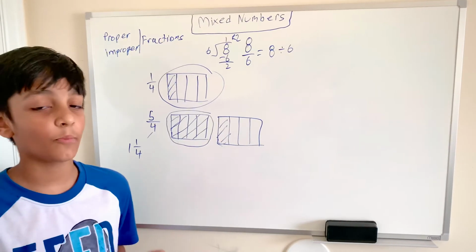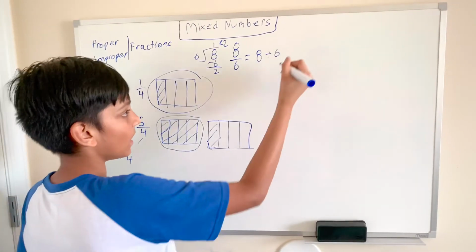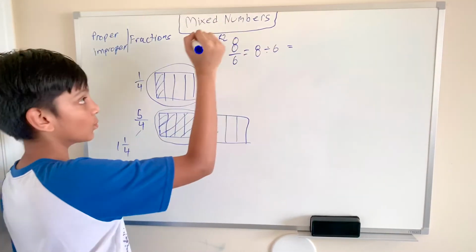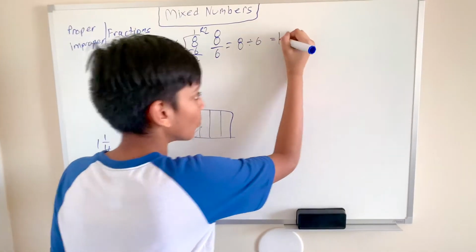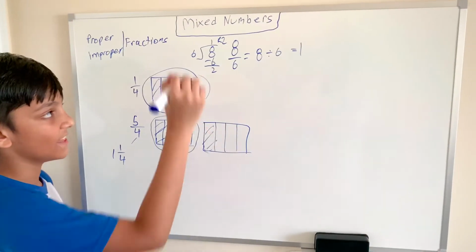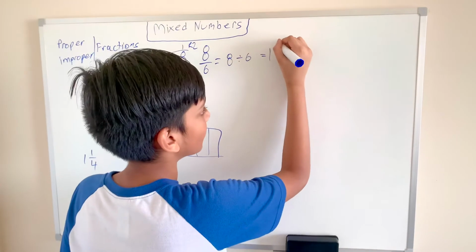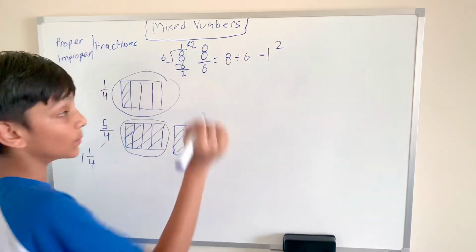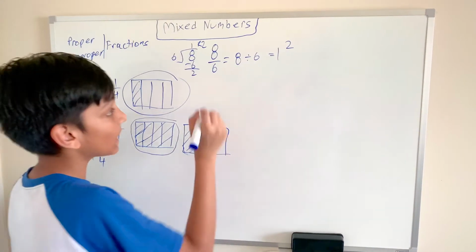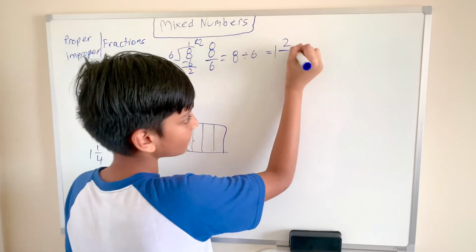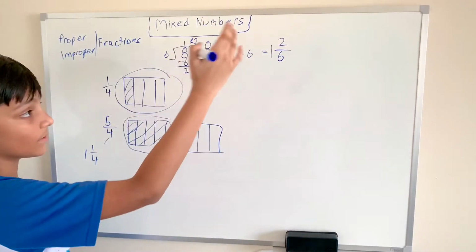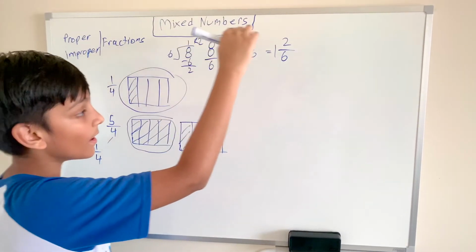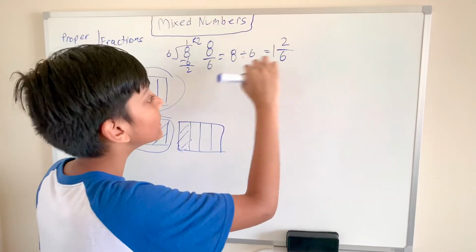But how does that help us make the mixed number? I'll tell you why. This 1 is our one whole, and that 2 is the remaining numerator. Where's the denominator? Well, that's this denominator, of course. So we have 1 and 2/6.